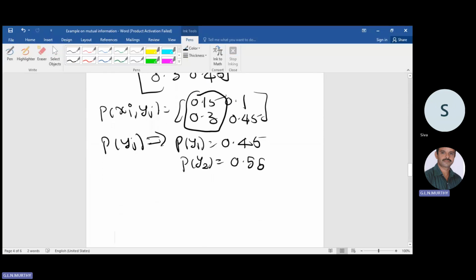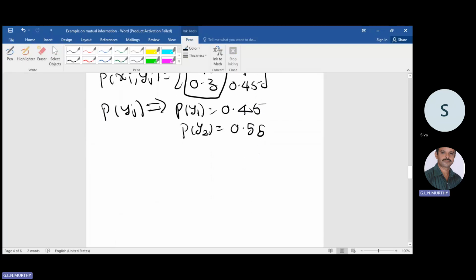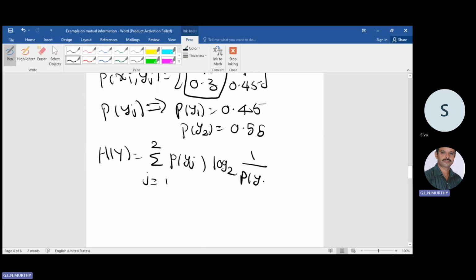So we have estimated the probabilities of the symbols y1 and y2. Now what is required? I want to estimate H of y, which equals the sum over j equals 1 to 2 of P of yj log base 2 of 1 by P of yj.